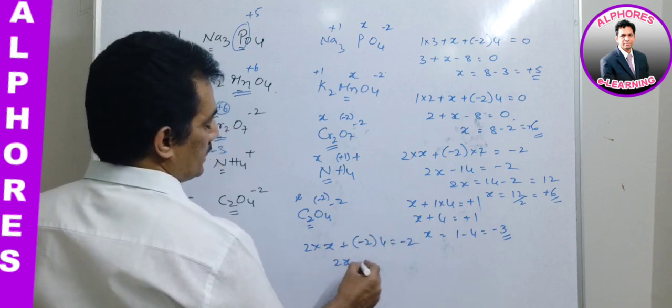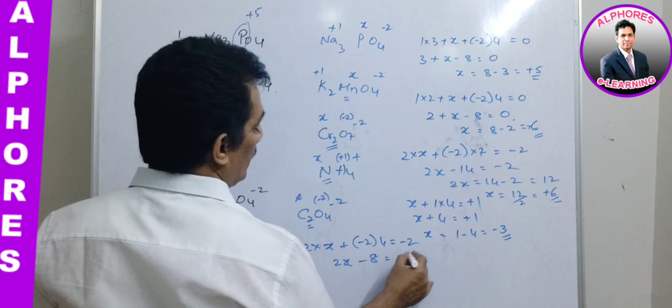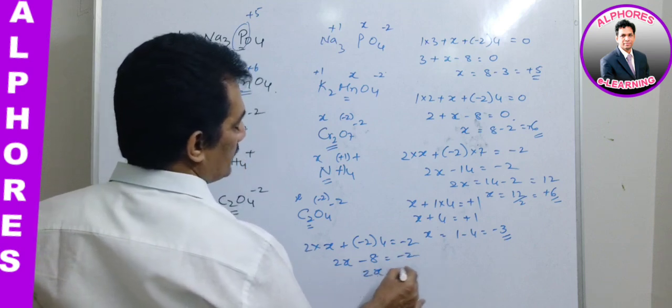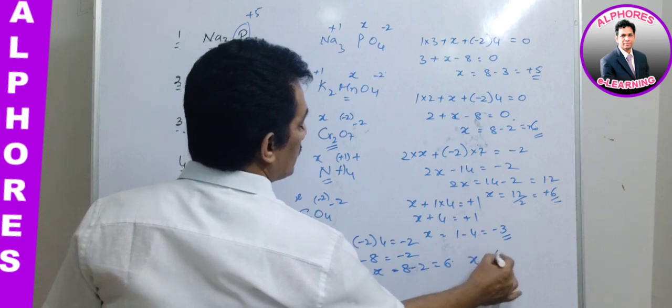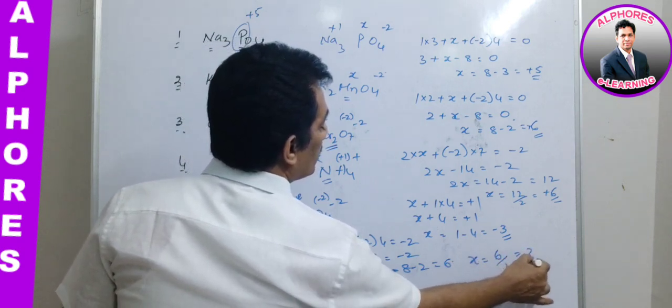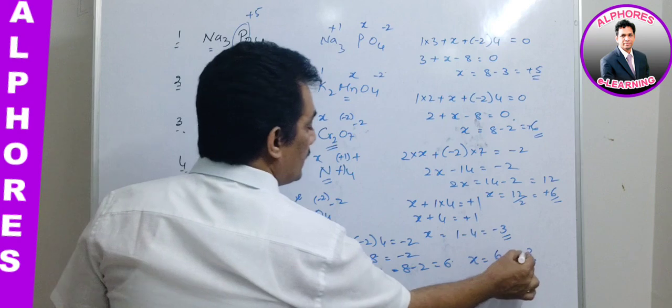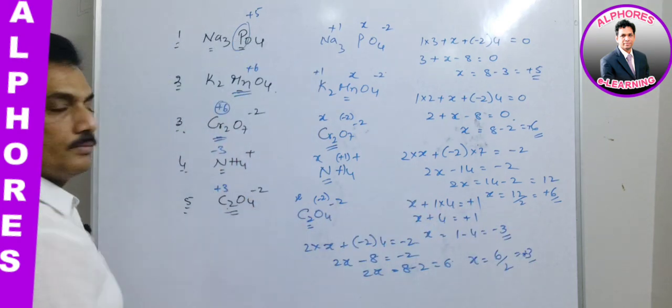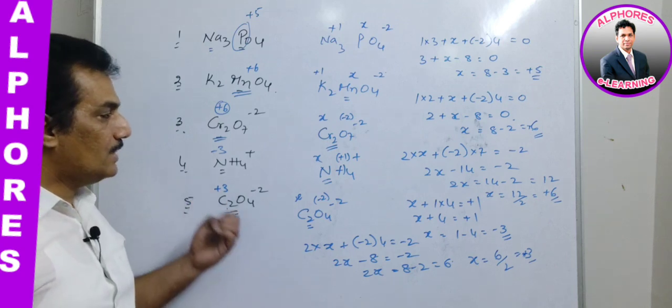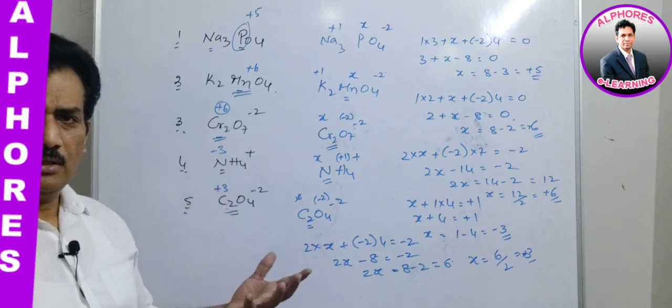So 2X minus 8 is equal to minus 2, and hence 2X is equal to 8 minus 2, that is equal to 6. Hence X is equal to 6 by 2, that is 3. That is +3, the oxidation state of carbon here. Like that, by applying the rules.